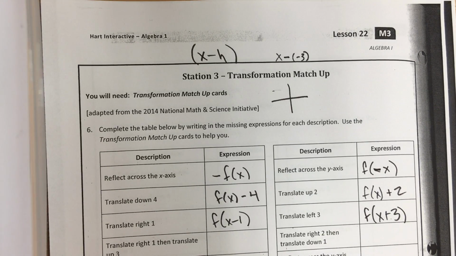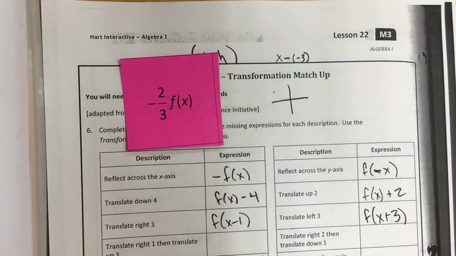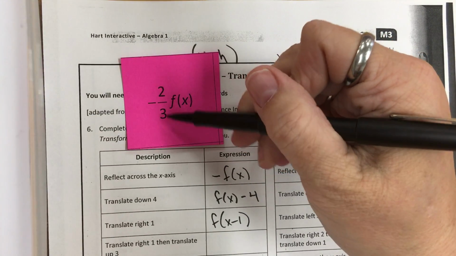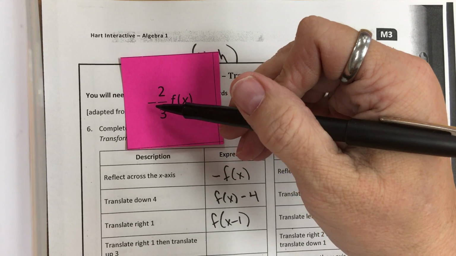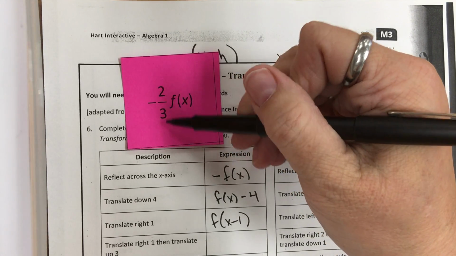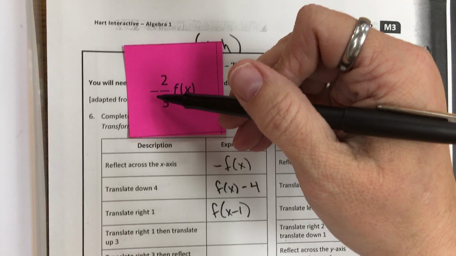Let's see if I can find one that has two things going on. We just talked about this 2/3, but now it's telling us to reflect. So we do a vertical shrink with this 2/3, but then we need to reflect it over the x-axis.